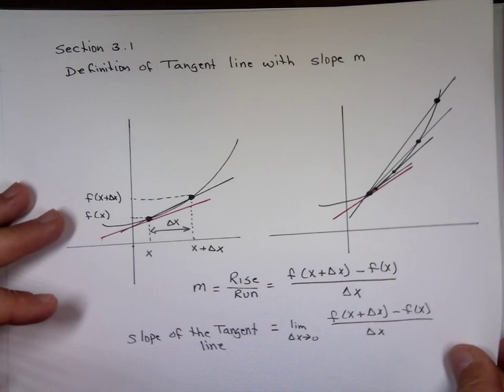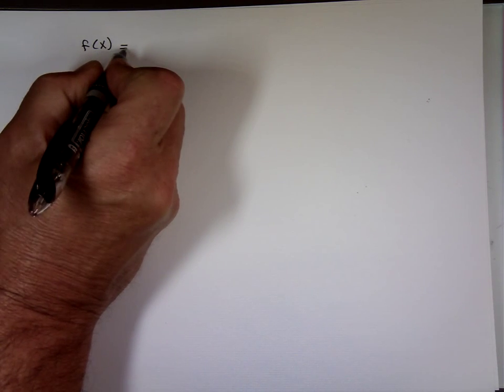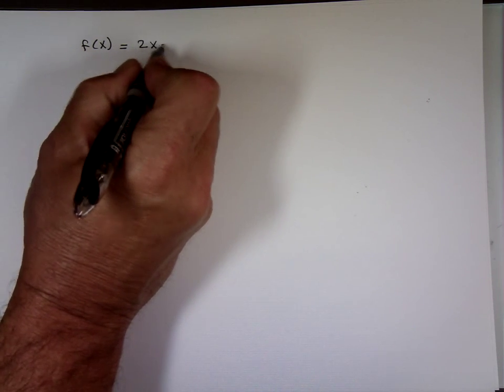So let's take an example. We'll take one simple one that we know the answer to. f of x equals 2x minus 3.